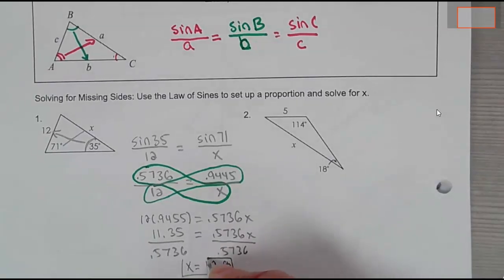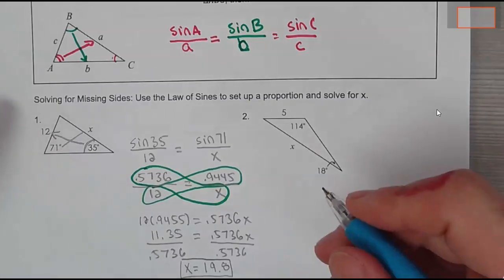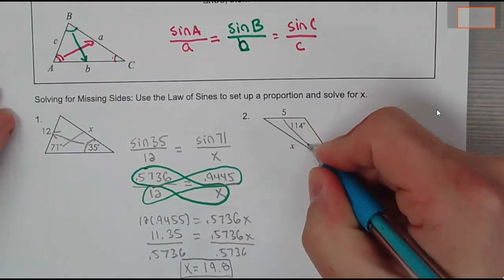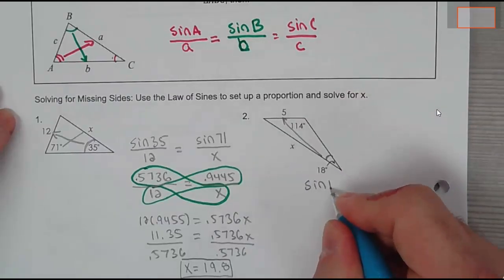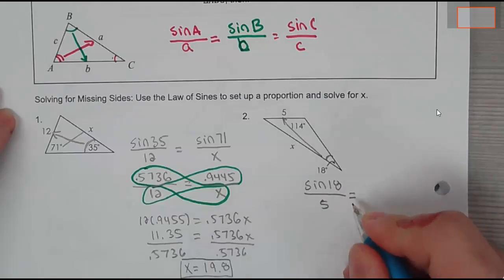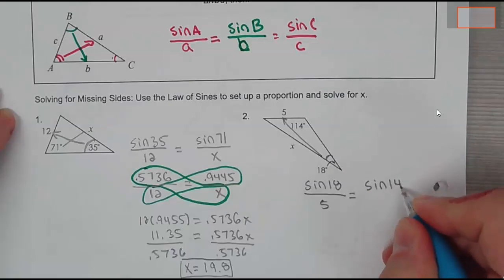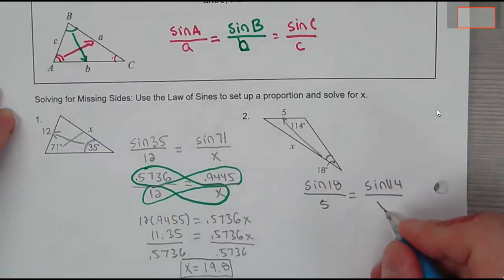Okay? So I can use this relationship when I have an angle and a side that are across from each other. So let's look at this next example. I have 18 degrees, and it's across from 5. So I can say the sine of 18 over 5 would equal the sine of 114 over the side that it's across from, which is x.